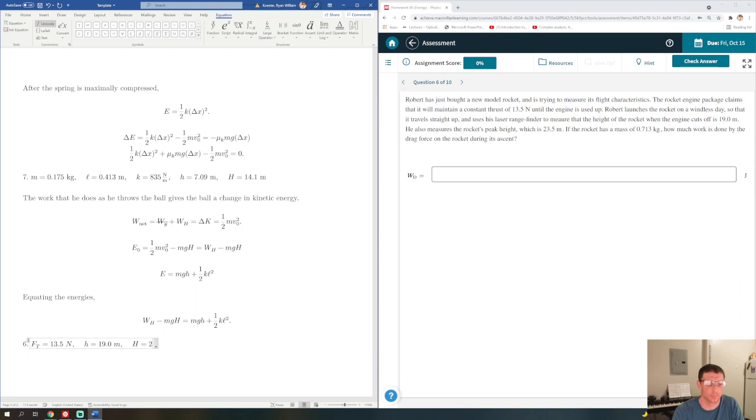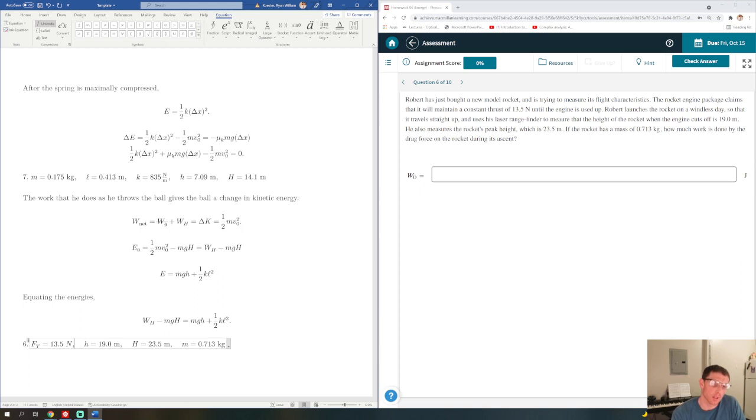What are we thinking? Yeah, and I guess you could also use conservation of energy here, directly. This is one of the ones where I think it's up to you. But we'll do work energy theorem.